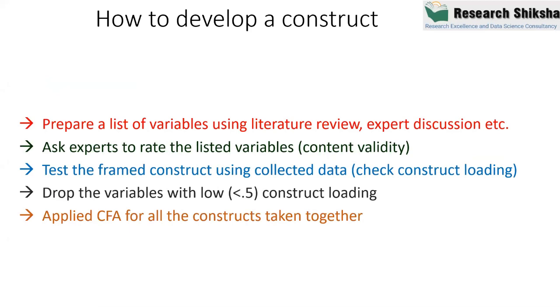Especially when you are developing a questionnaire, which we call scale development, content validity is important. Then we check the construct loading, which should be greater than 0.7. In case the construct loading is less than 0.5, we can drop these items, right? After that, we will go for another process.